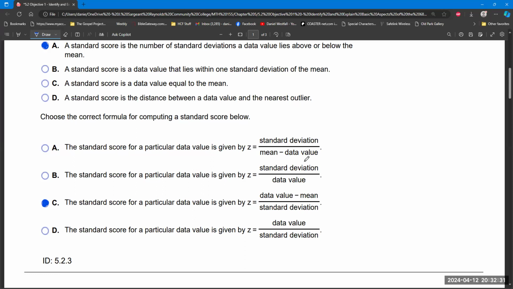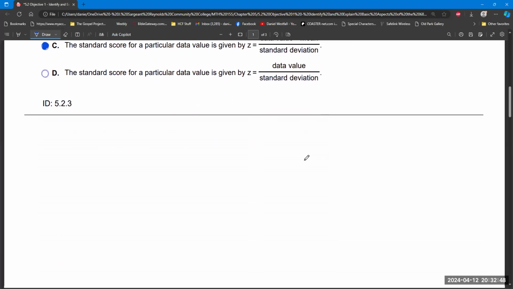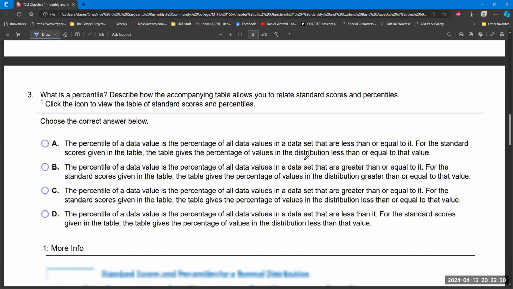Positive z-values represent data that's above the mean and greater than the mean, and negative z-values represent those that are below or to the left of the mean. So we'll take a look at that next with this last question.